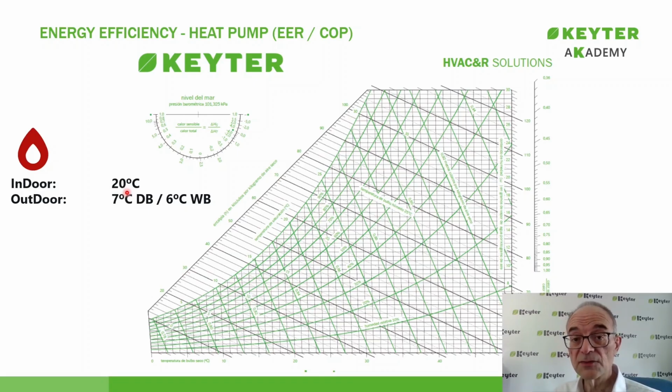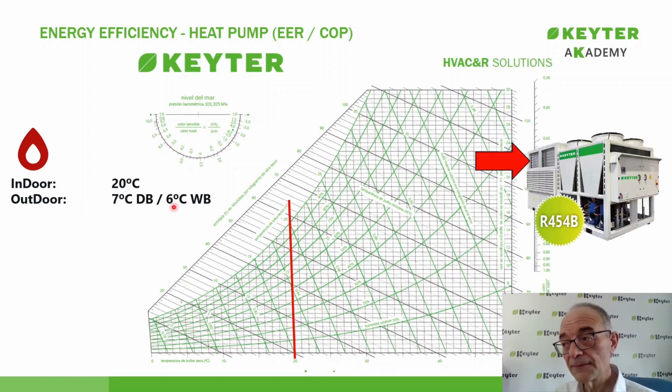Why doesn't relative humidity affect it? Because now the indoor unit works as a condenser, so relative humidity doesn't affect it. And the outdoor conditions have to be a single point. In this case, 7 degrees Celsius dry bulb with 6 degrees Celsius wet bulb. These would be the points. The outdoor unit functioning at that particular point and the indoor unit receiving return air at any of these specific points on the psychrometric chart.